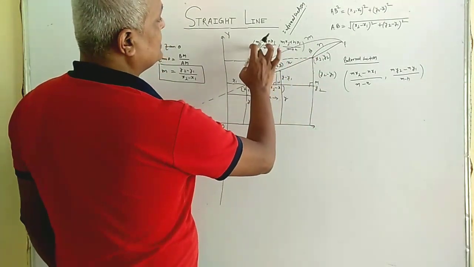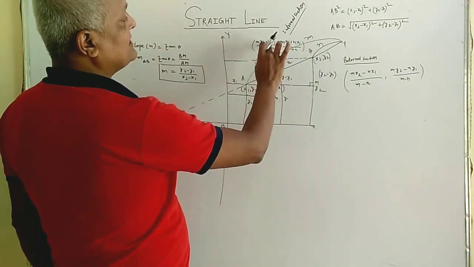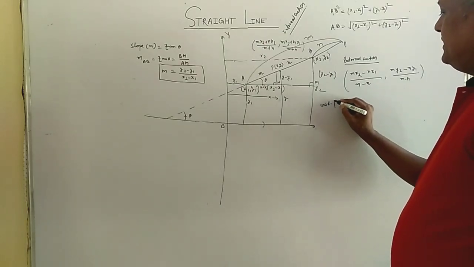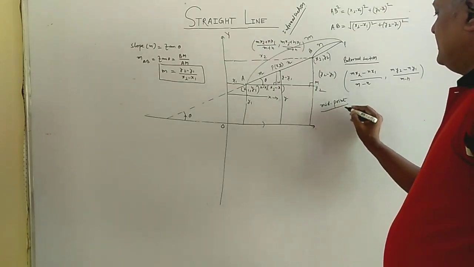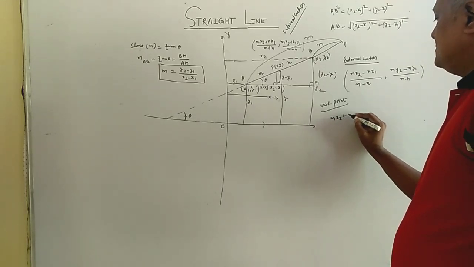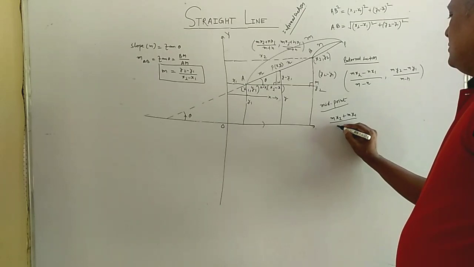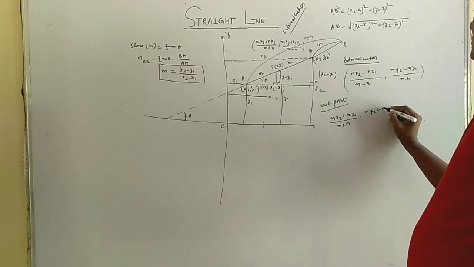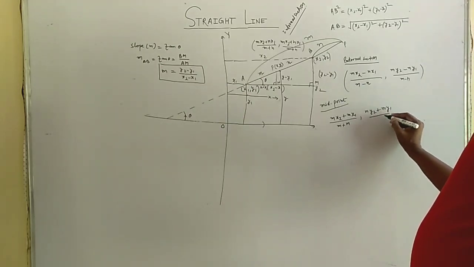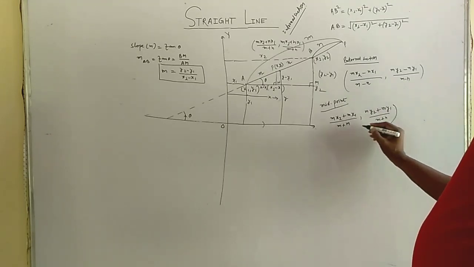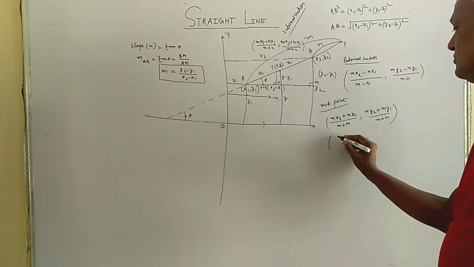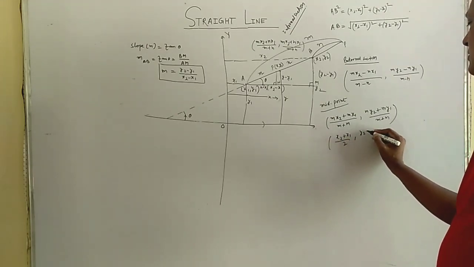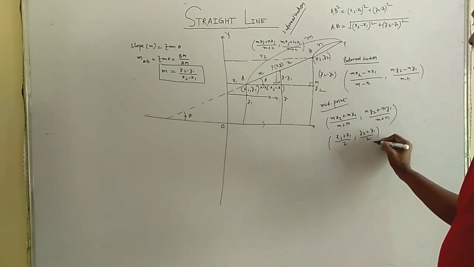So this formula becomes mx2 plus mx1 over m plus m, my2 plus my1 over m plus m, and this literally becomes x2 plus x1 by 2, y2 plus y1 by 2.